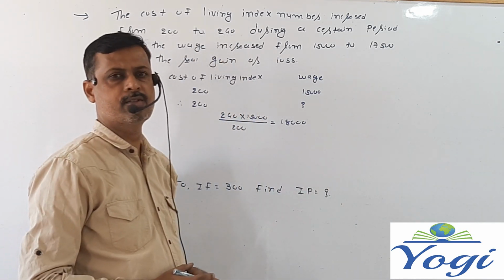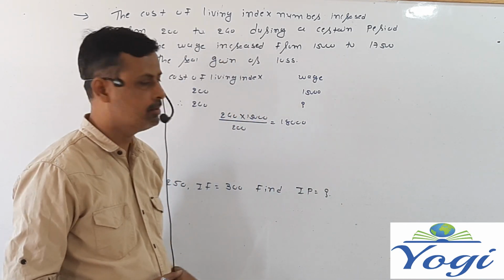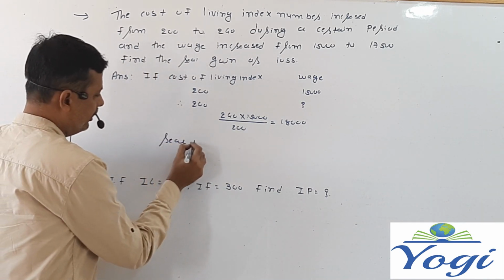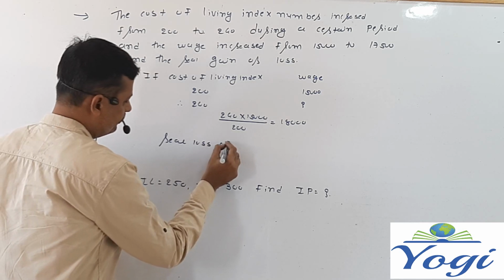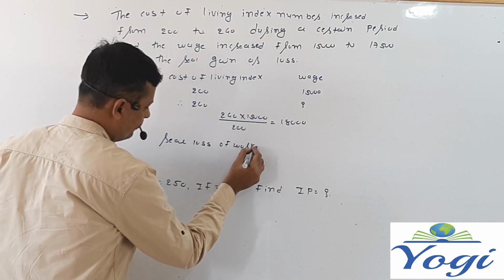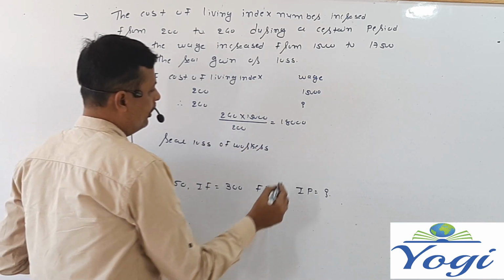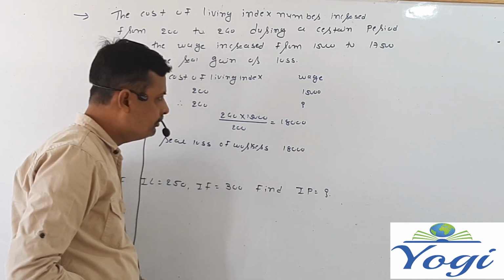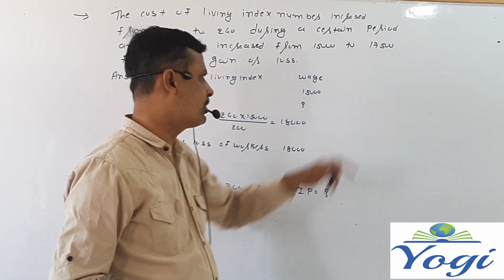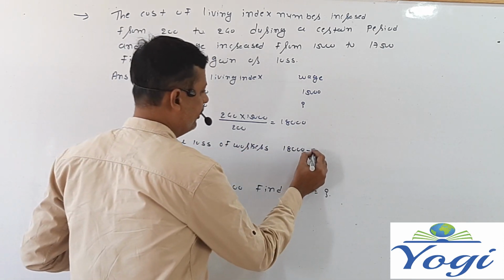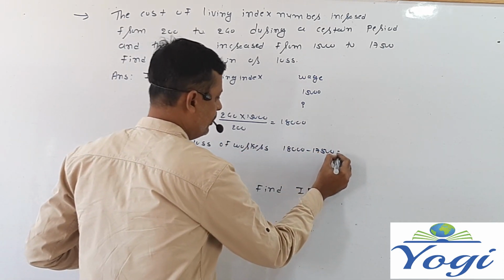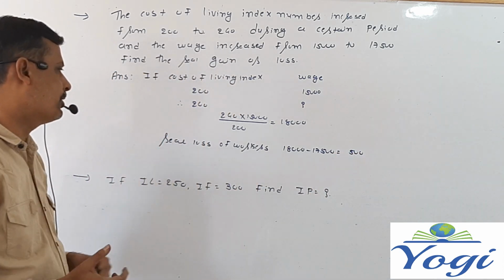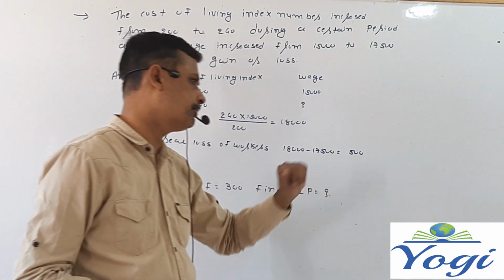So here the worker is making a loss. The real loss of the worker: 18,000 as per our calculation, and it increased to 17,500. So here the worker makes a loss of 500 rupees.